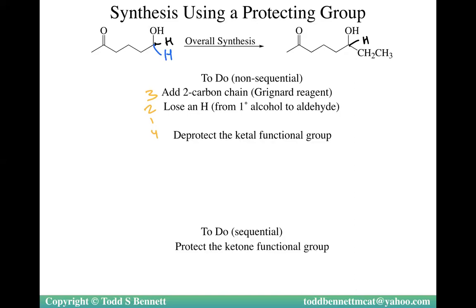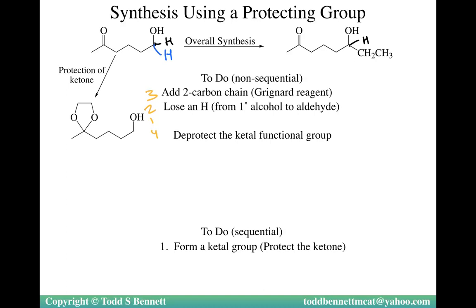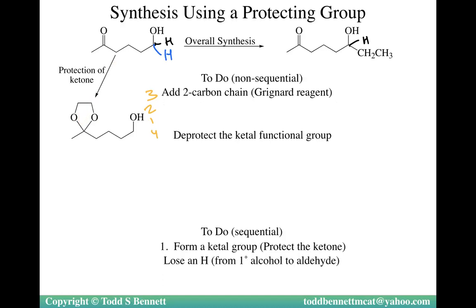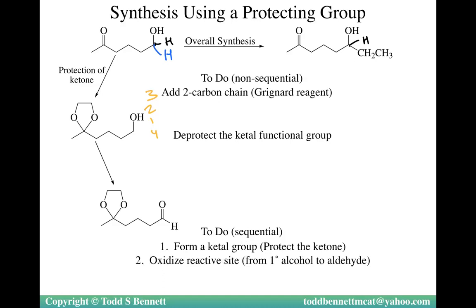Protect first. So there's my protection of the ketone into a ketal. Second step, have to oxidize it up to a functional group that can react accordingly. So there's my aldehyde.